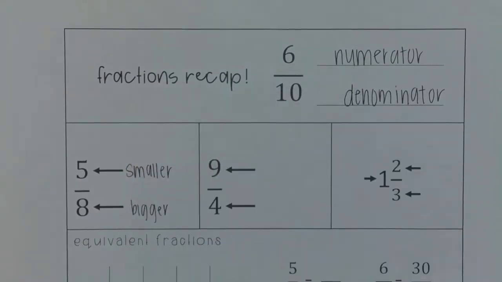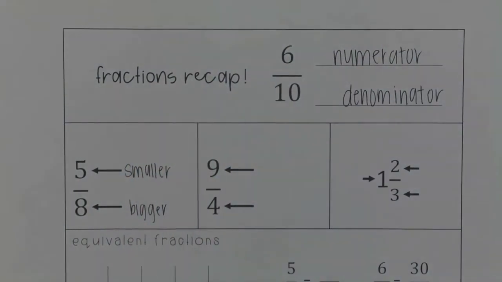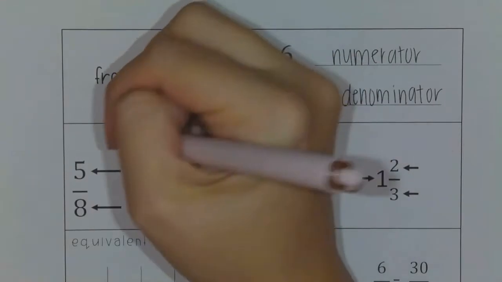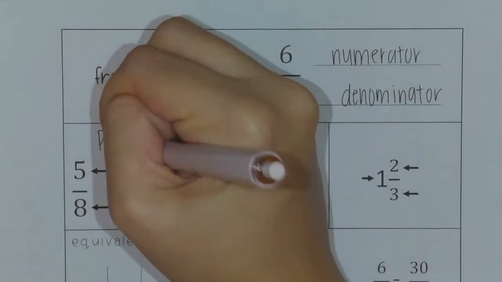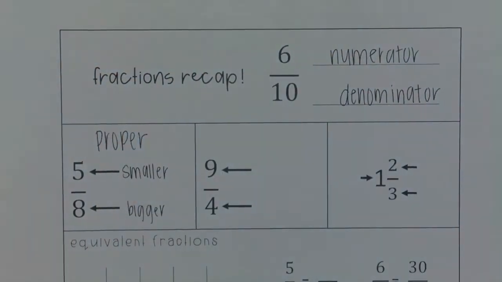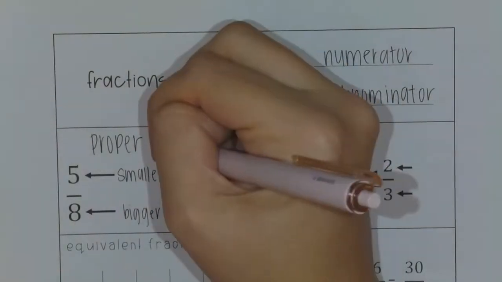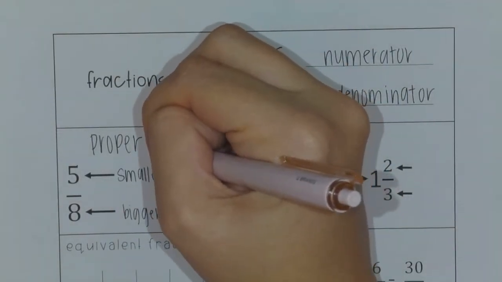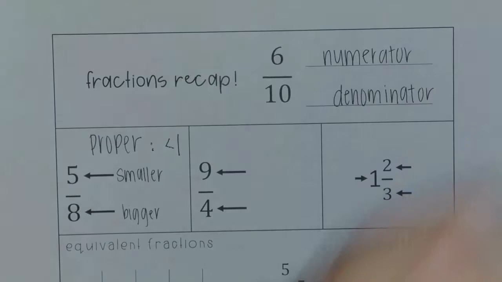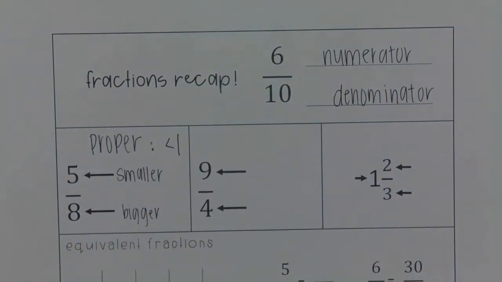So when I have a small numerator and a big denominator, that means that I have what we call a proper fraction. Now, proper fractions are always less than 1. So 5/8 is less than 1 whole. Again, proper fractions, small numerator, big denominator, they are less than 1.